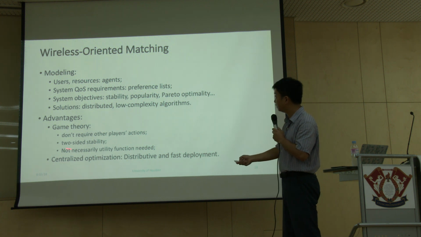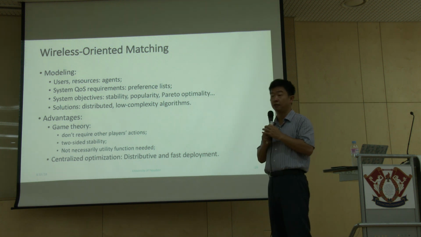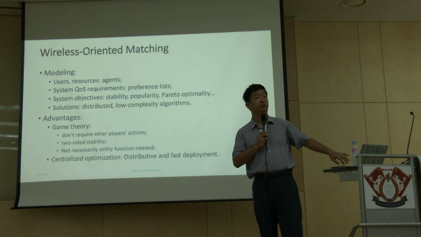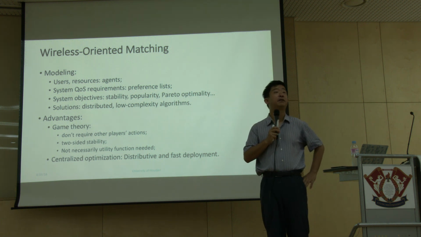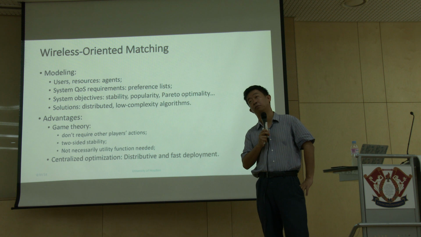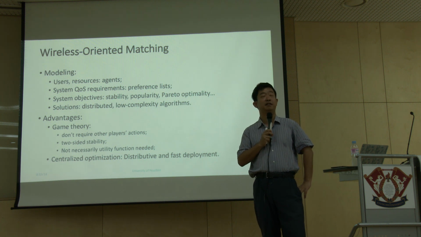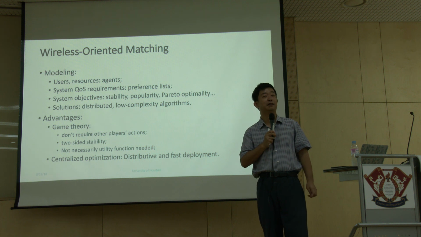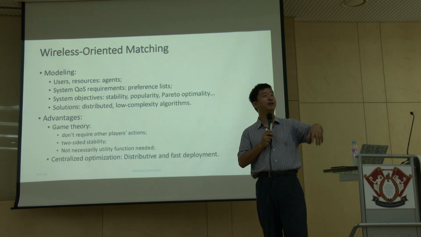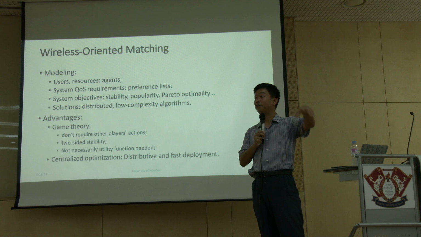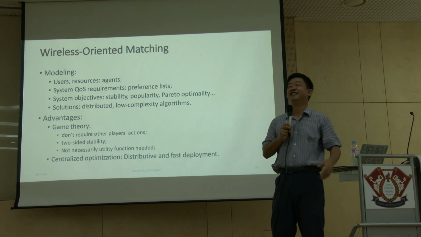Also the second part, two-sided stability. The centralized solution is not a stable solution, even though it's social optimal, right? And it's a bad joke, okay? Many years ago, in extreme cases, communists assigned husband and wife in a centralized way, right?